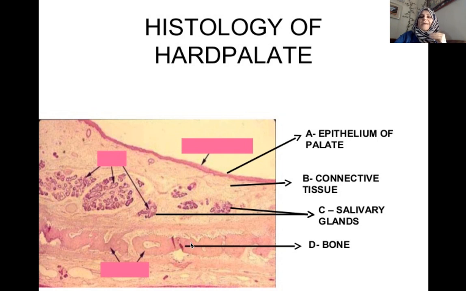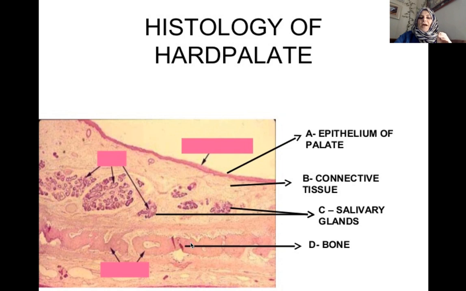If we come to the lining epithelium of the hard palate in the oral cavity, it is stratified squamous non-keratinized epithelium with patches of partially keratinized epithelium. The hard palate is also one of the regions where friction occurs, so it needs to be partially keratinized in certain patches.